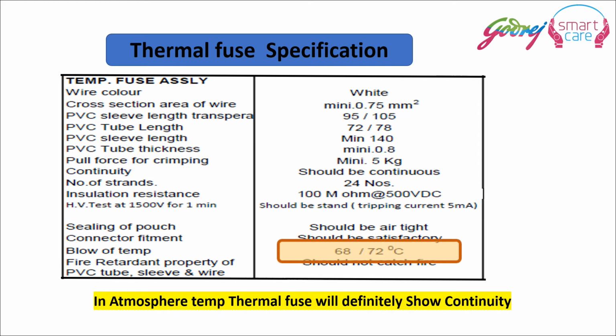The thermal fuse opens between 68 to 72 degrees centigrade. That means at an average of 70 degrees centigrade, the thermal fuse will blow off and it will get open.